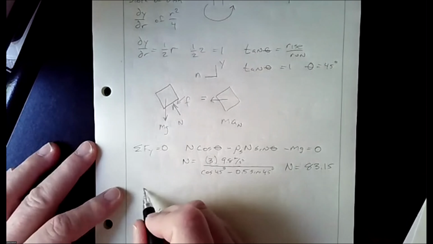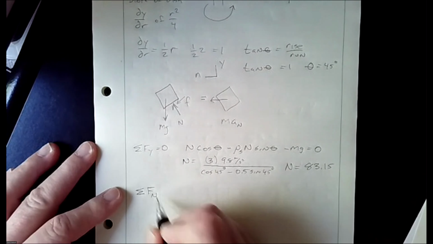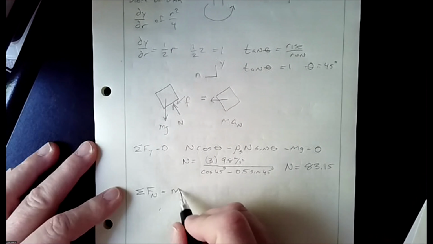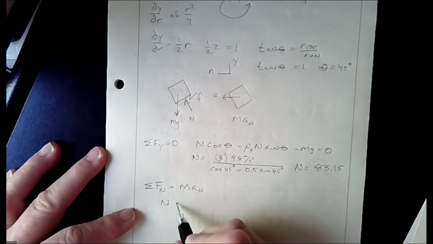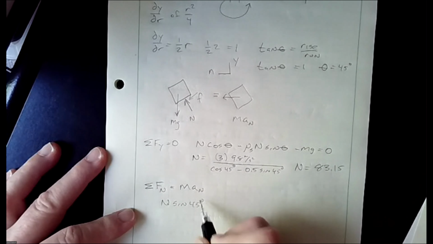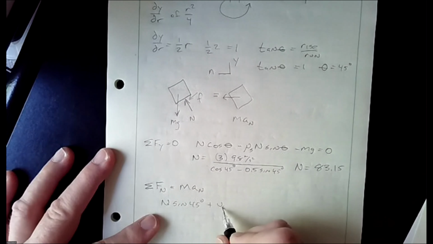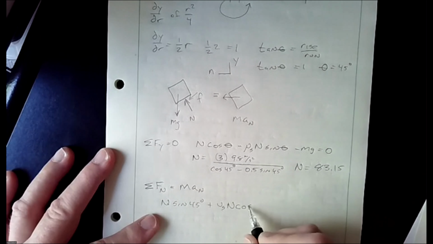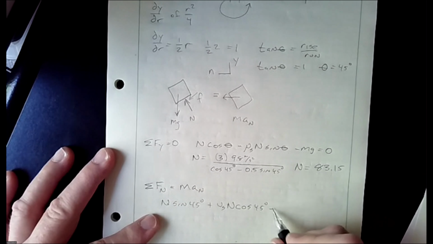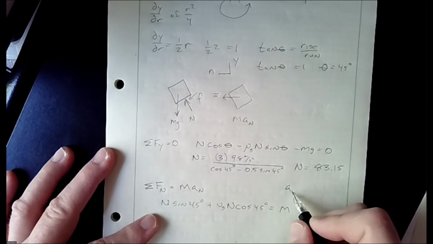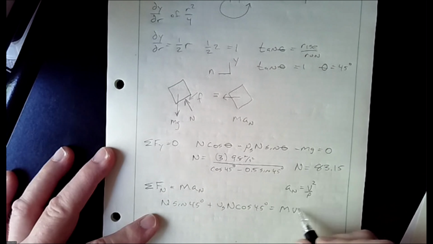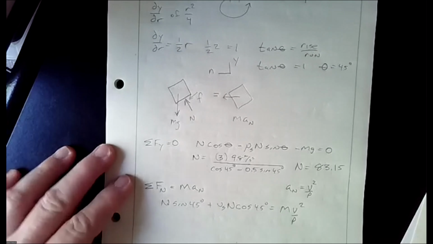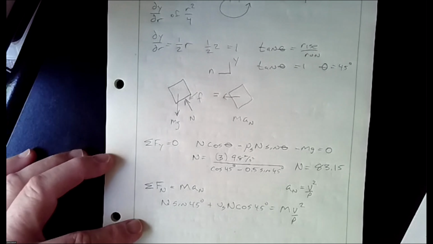Now what I'm going to do is sum my forces in the n direction equal to mass times acceleration n. So if I do that, I get n sine 45 plus mu static times n cosine 45 equals mass times acceleration n. Now we know acceleration n is equal to what? v squared over rho. So m v squared over rho. All right. So essentially now we have everything. We know the mass. We know that's 2 meters.